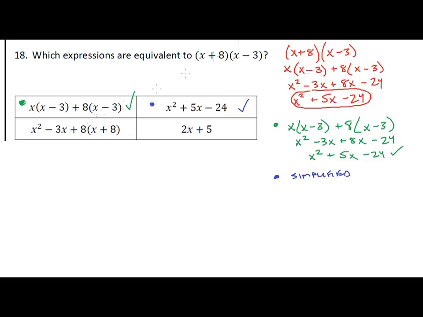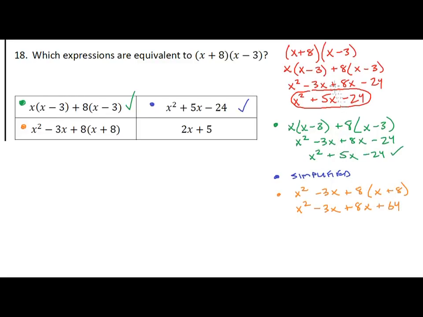Let's take a look at the next one. Let's color code this one as orange. So for the orange one, we've got x squared minus 3x plus 8 times x plus 8. All right, the first part is already simplified. Let's distribute the 8. So we've got x squared minus 3x. 8 times x is 8x, and 8 times 8 is 64.